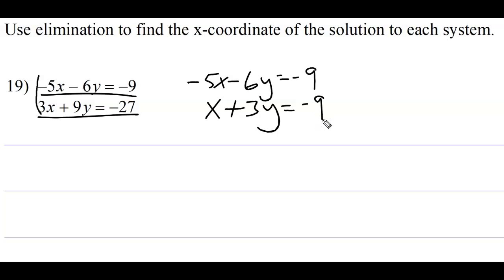Okay, so step 1, pick a variable that you'd like to cancel. Let's do the y's this time. So I'm going to take the coefficients in front of the y's, flip and distribute them. So I'm going to put the 3 on the top, the negative 6 on the bottom, and distribute all the way across.